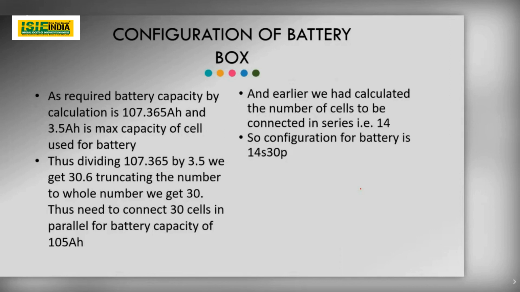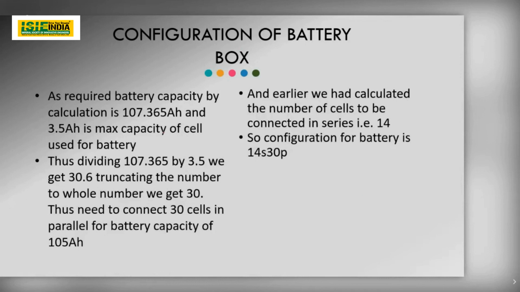So dividing 107 by 3.5 we get 30.6. Truncating that number to a whole number, we consider 30. Thus if we connect 30 cells in parallel, we get a battery capacity of 105 Ah.